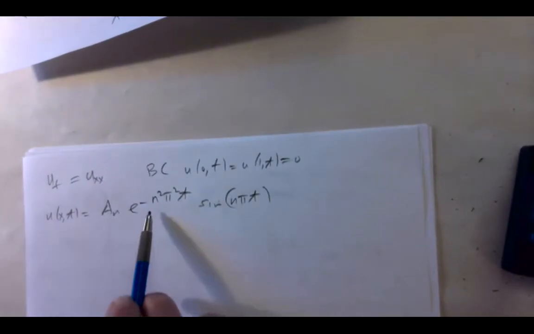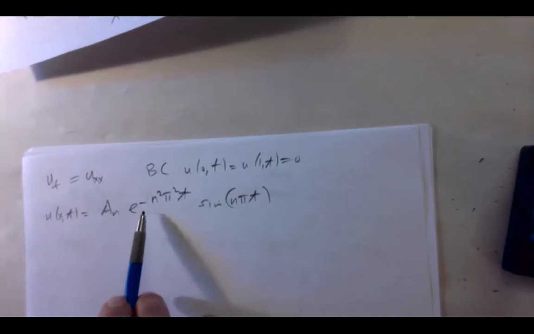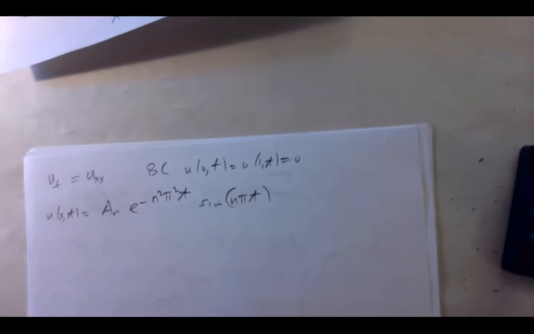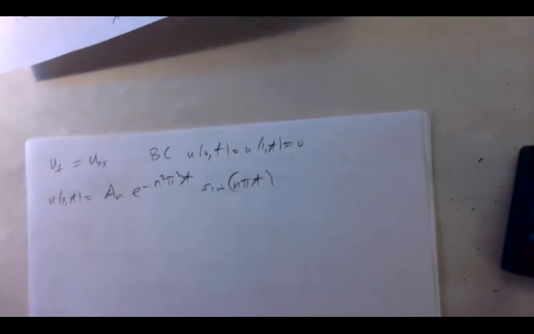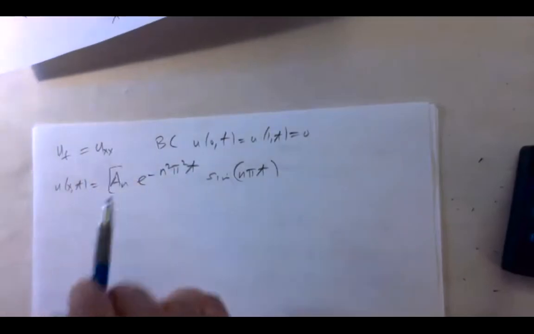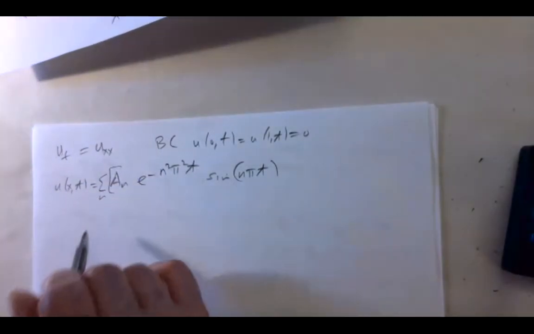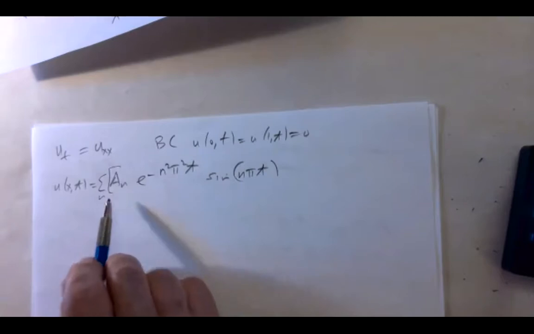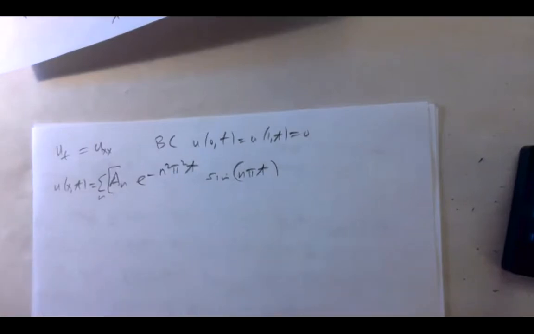So any solution of this form satisfies the differential equation and it satisfies the boundary condition, and any linear combination of these things does. If I take this and I sum this over any finite range of values of n, this also gives me a solution of the differential equation.